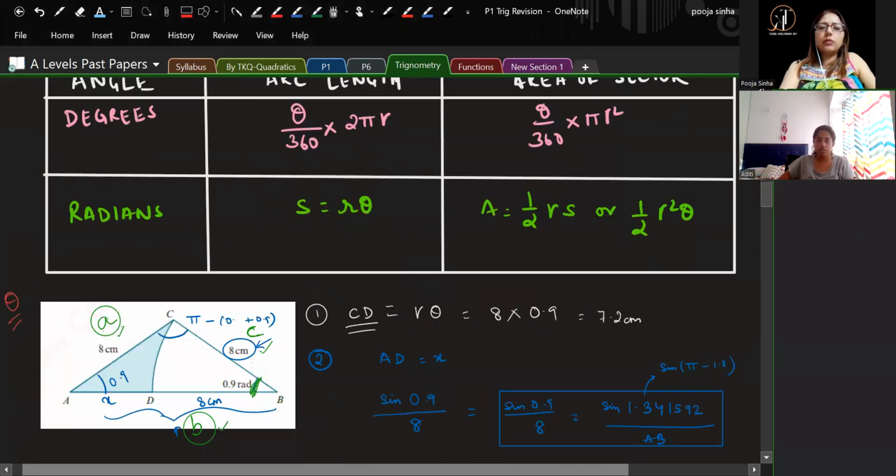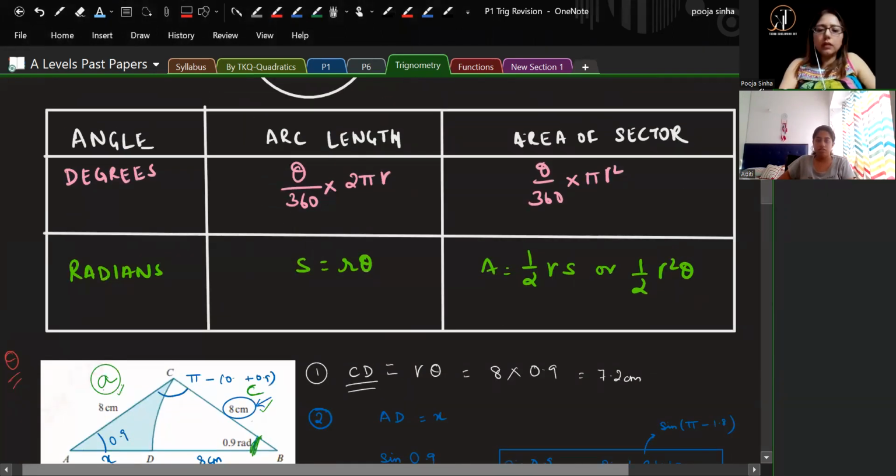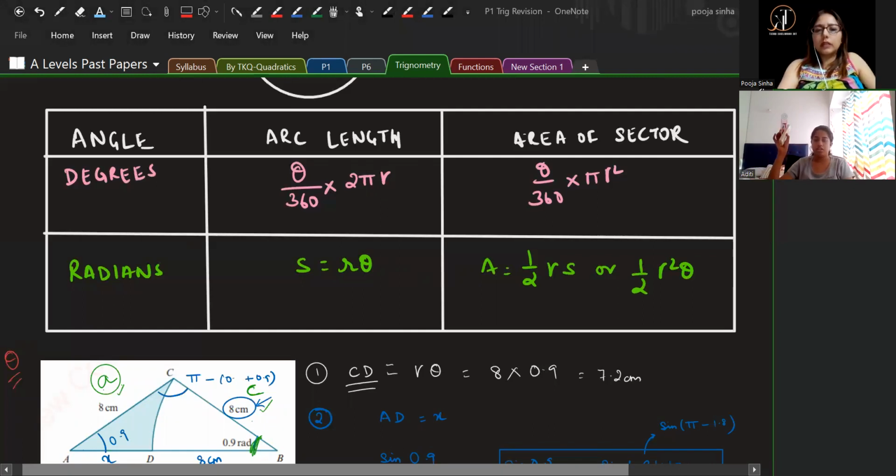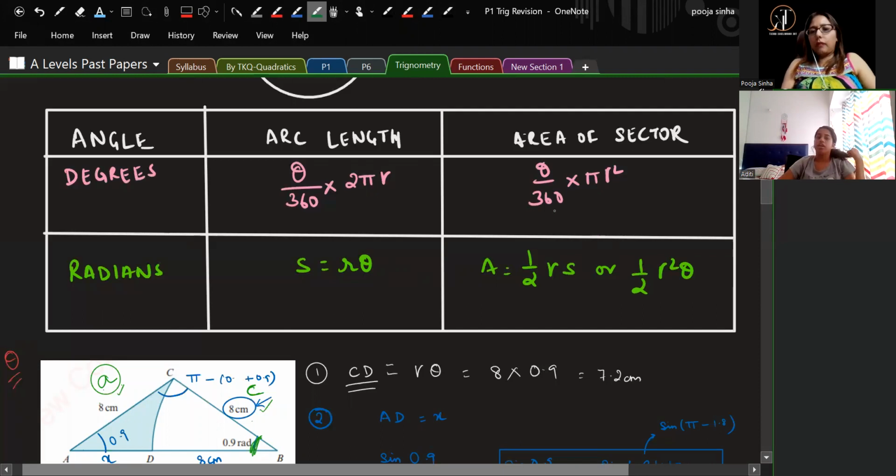Now another part you need to know: you remember how to find the area of a sector? Area of a sector would be theta upon 360 into pi r square. That was when we had degrees.